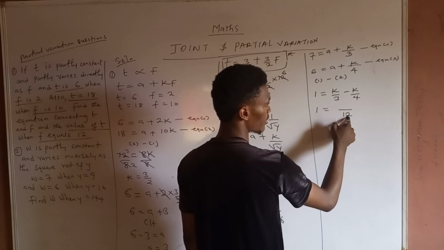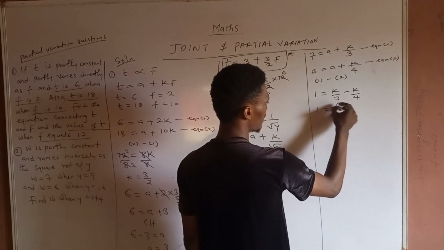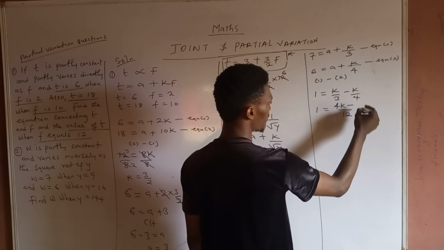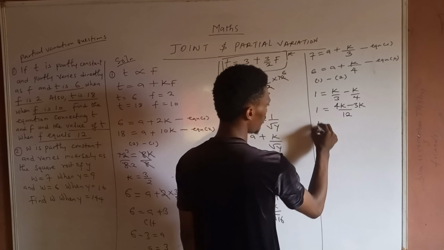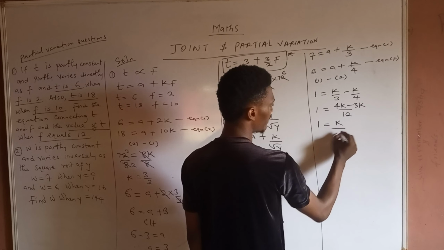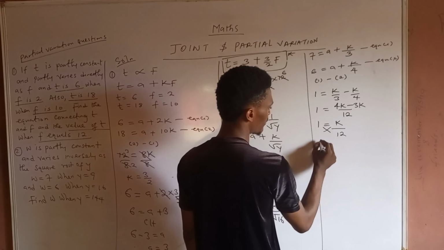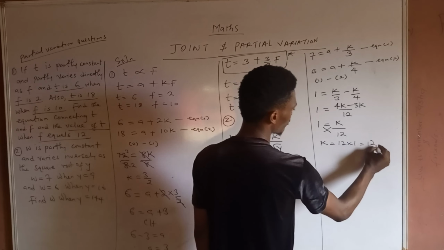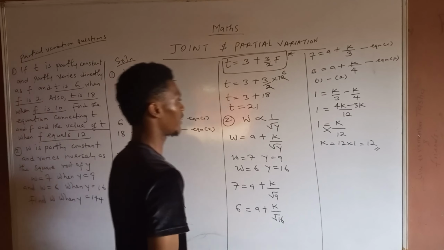So 3 into 12 is 4, then 4 times k is 4k, minus 4 into 12 is 3, then 3 times k is 3k. So 1 equal to 4k minus 3k, that's ordinary k, you don't need to put 1k there, over 12. When we cross multiply, it becomes k equal to 12 times 1, which is the same as 12. All right, so that is our value of k.